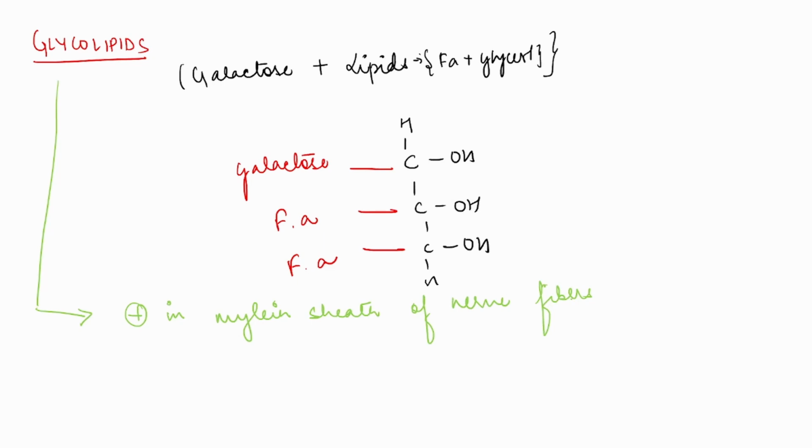And also they are present in the outer cell membrane of chloroplast, right? This is glycolipid.